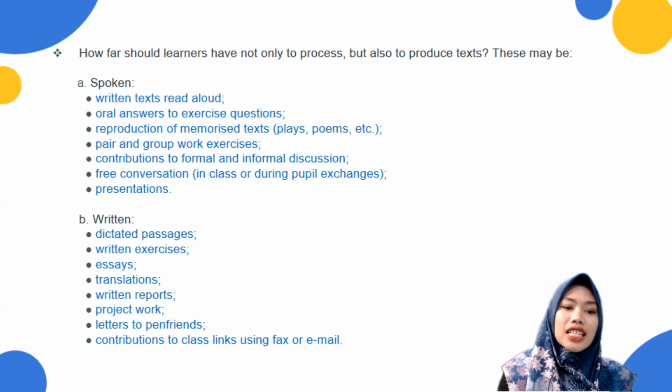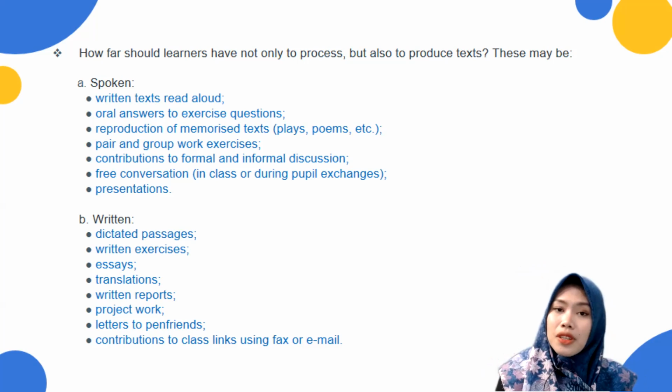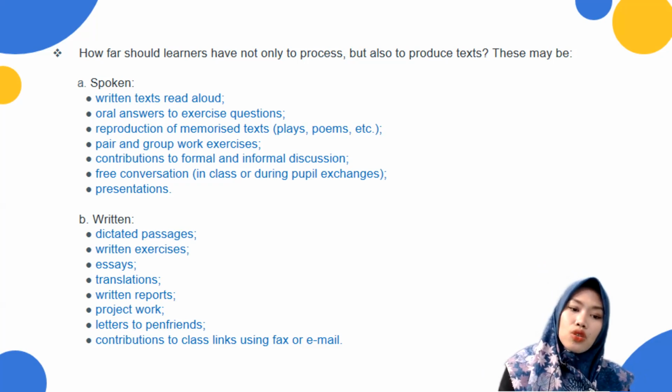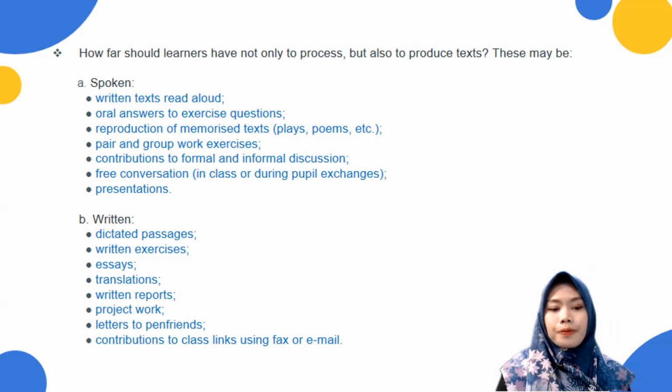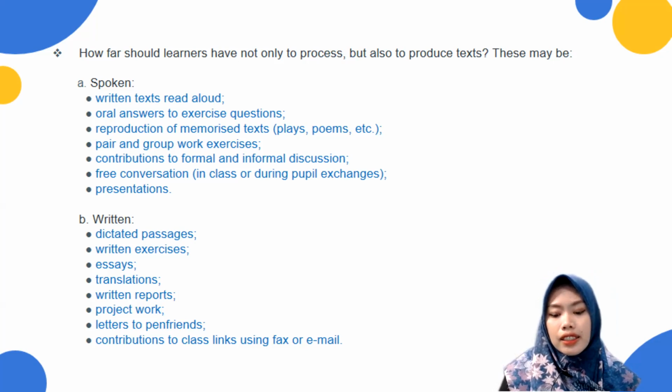And for written: dictated passages, and then written exercises, essays, translations, written reports, project work, letters to pen friends, okay, pen pals, contribution to class links using fax or email.